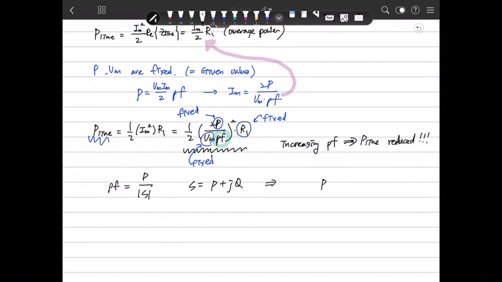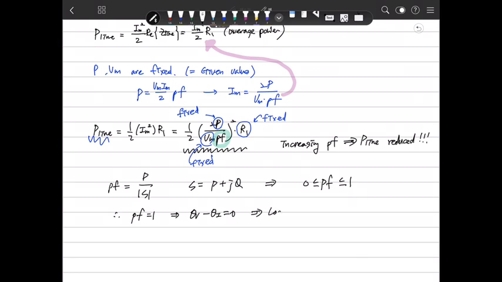Therefore, the range of the power factor is from 0 to 1. When the power factor is 1, that means theta V minus theta I is 0. What is the meaning of that?